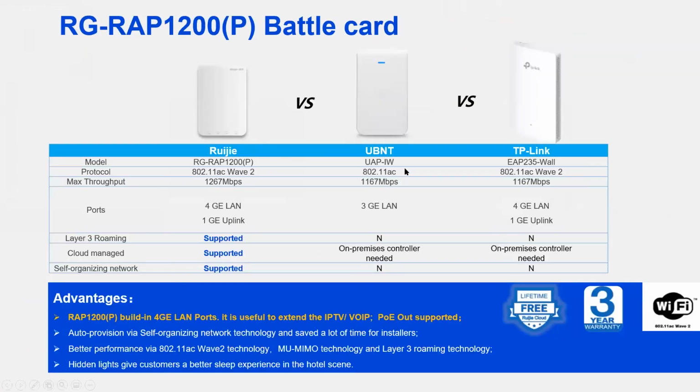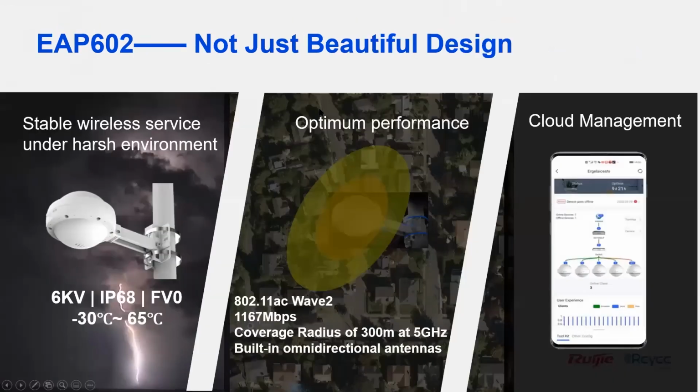It's similar to the UAP-IW and EAP235-Wall of TP-Link. And for outdoor, we have one model, EAP602, which has a built-in omnidirectional antenna, and the radius is 300 meters on the 5 GHz band.